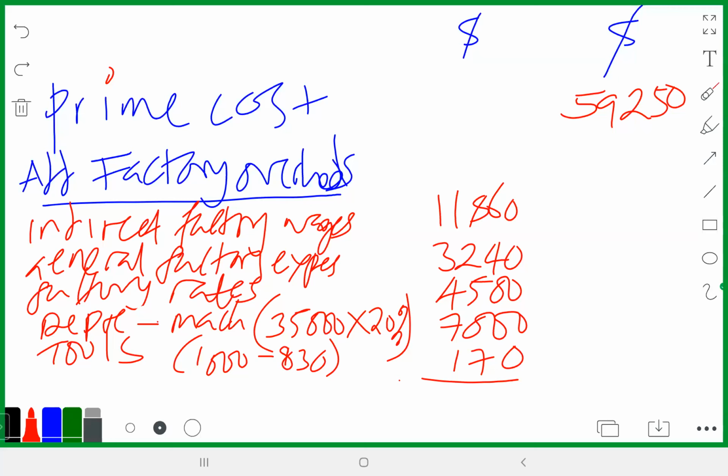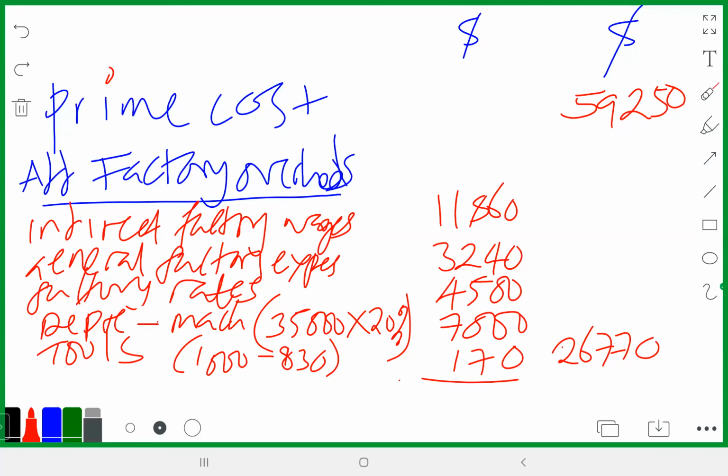To add everything, when you add the value of these factory overheads, I find 26,770.